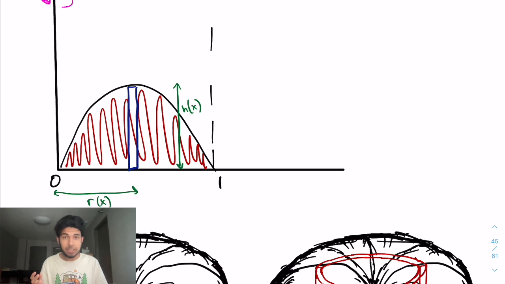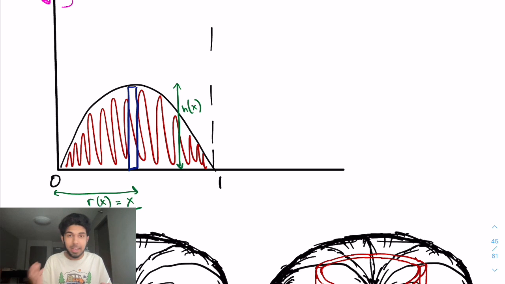Now remember, these are functions of x, so let's try to find them. R of x should be pretty simple, right? Considering our axis of revolution is at 0, it's the y-axis, r of x is the distance from our rectangle to that axis of rotation, which in this case is just going to be x.